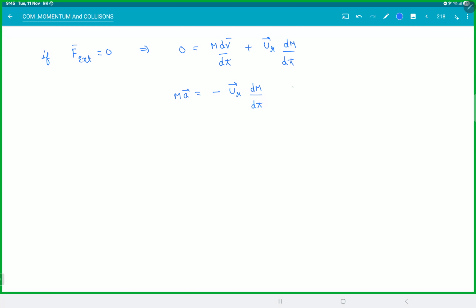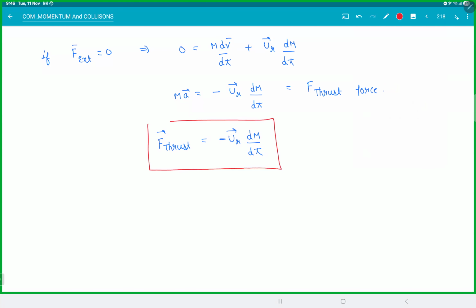So this m into a is what we call thrust force. So you can remember this. We define something called thrust force. This is simply the force because you're ejecting the particle out. It behaves as if there is a force coming because of the ejection. So here, the negative sign indicates the thrust force is opposite to the velocity.